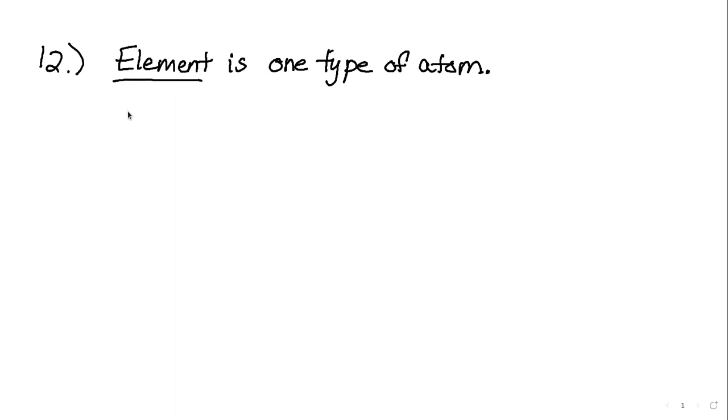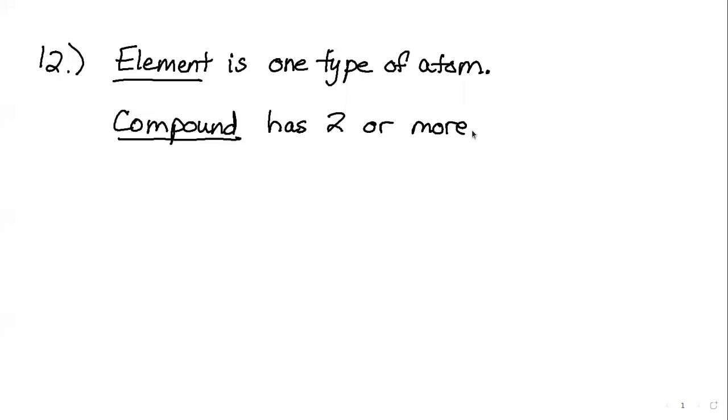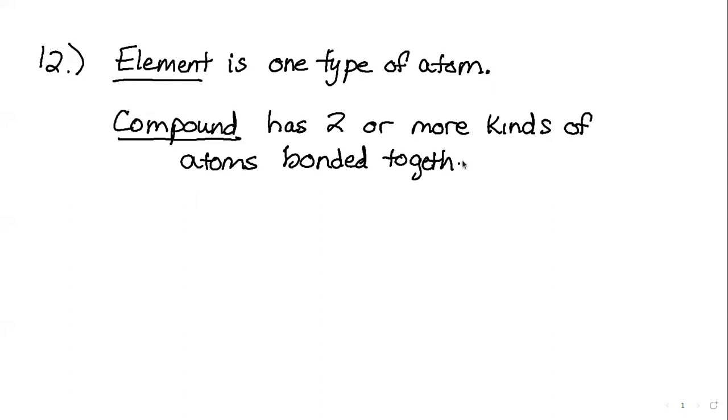A compound, and I'll write out the full definition, but hopefully you remember, a compound has two or more kinds of atoms bonded together. That's important. They can't just be mixed up. They have to be bonded together in a fixed ratio.